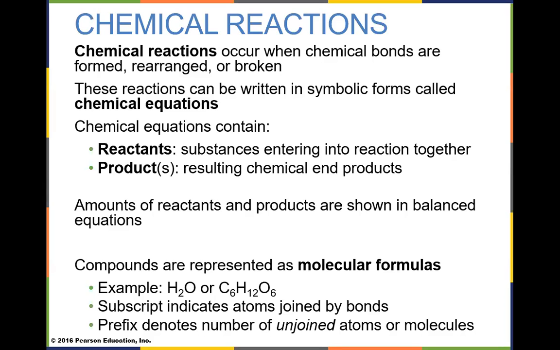Whenever you have a chemical reaction, you have reactants. You start with reactants, and then you end up with a product. For example, you've probably at some point played with baking soda and vinegar, or saw someone that did and made a baking soda volcano, or maybe you made one yourself.